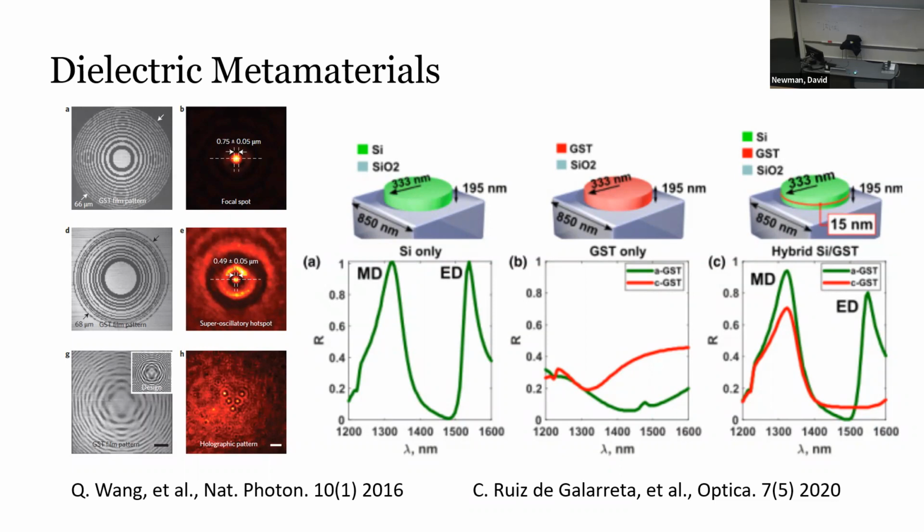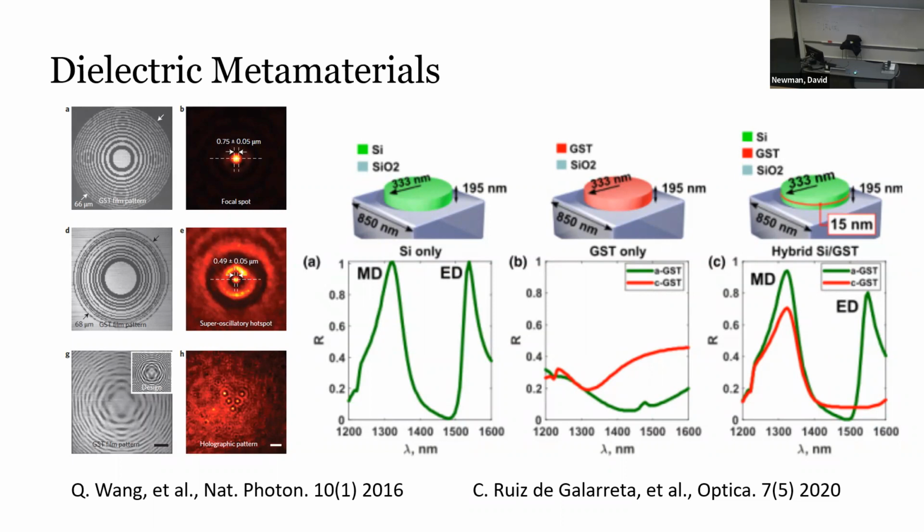For example, this electric dipole resonance is removed when you crystallize the material. But it doesn't look like there's much of a shift in the resonance, maybe you can correct me, David. It's mainly using the absorption effect and the increased absorption rather than the change in the real part of the refractive index to control these resonant effects.